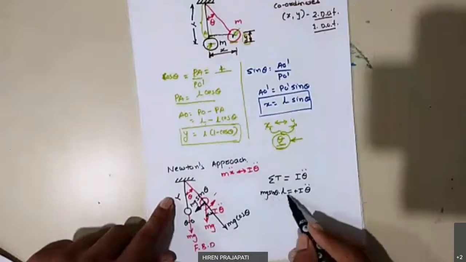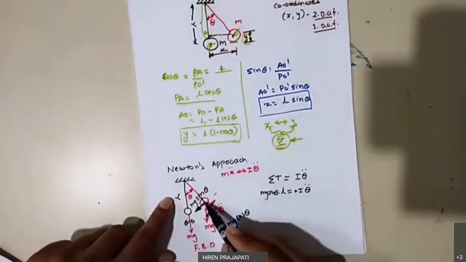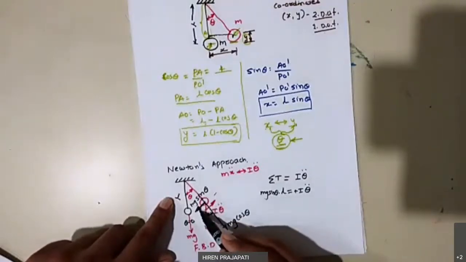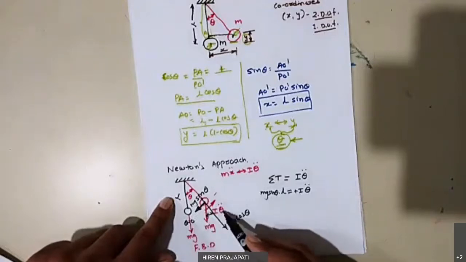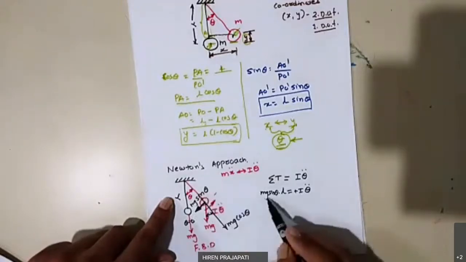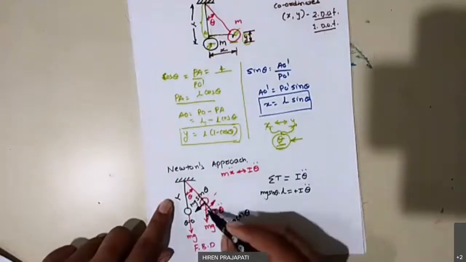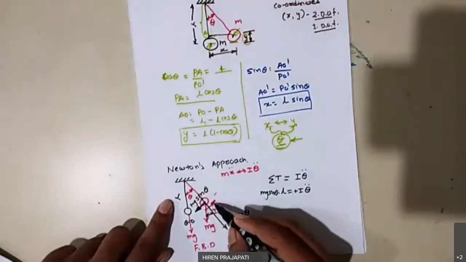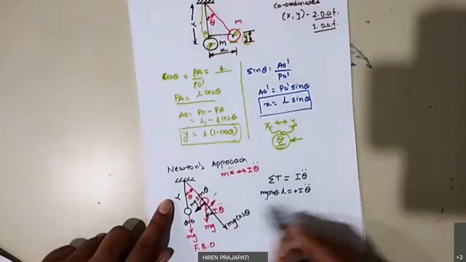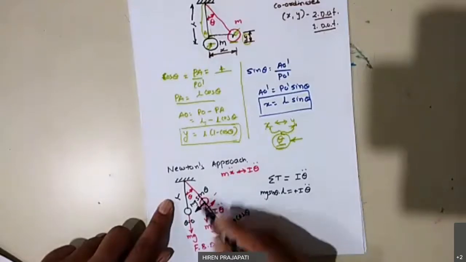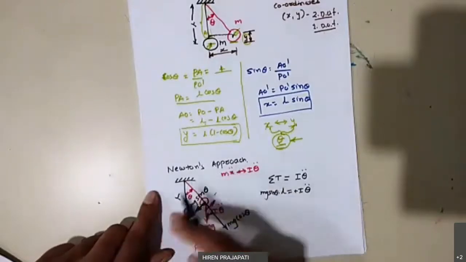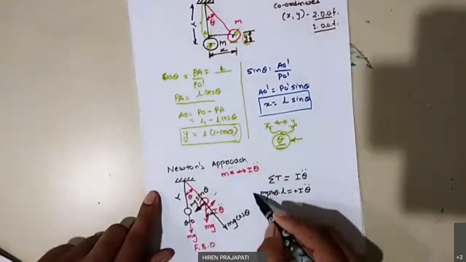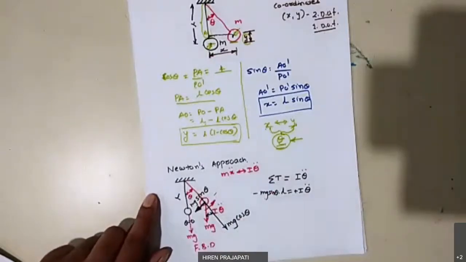So mg sin theta into l is the opposite torque to I theta double dot. Now if we assume counterclockwise rotation as positive, then mg sin theta l is in the clockwise direction, so I need to consider this as negative.